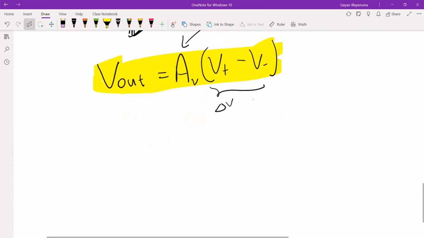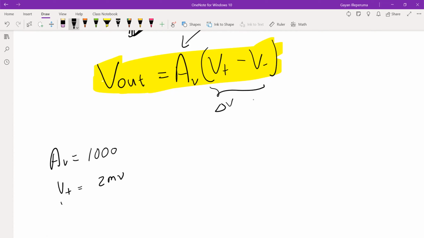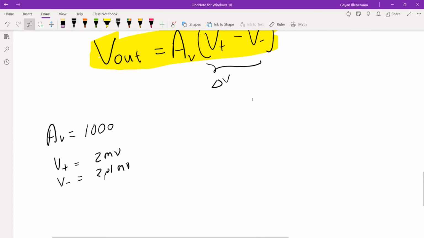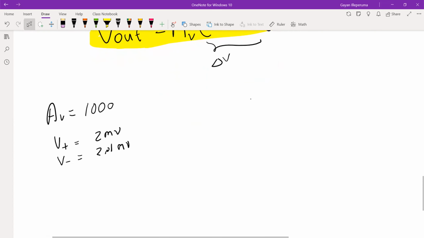Okay. So here's a simple calculation for you to do. Let's say the open loop gain of a particular op amp is 1000. V plus is 2 millivolt. V minus is 2.1 millivolt. If it is an open loop circuit, calculate V out. So what will be the output?